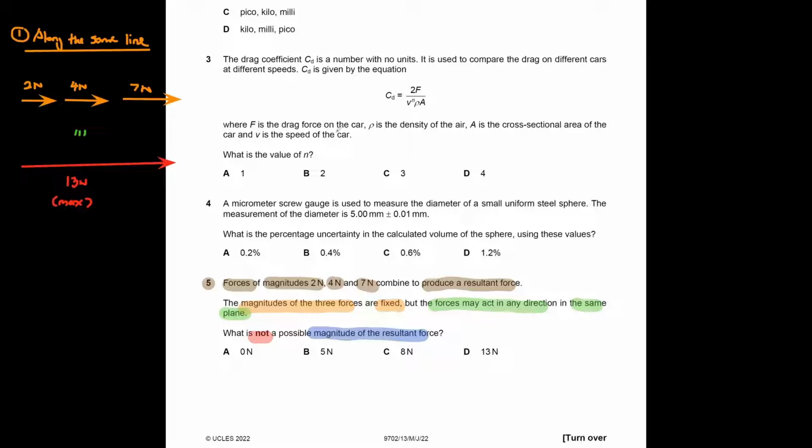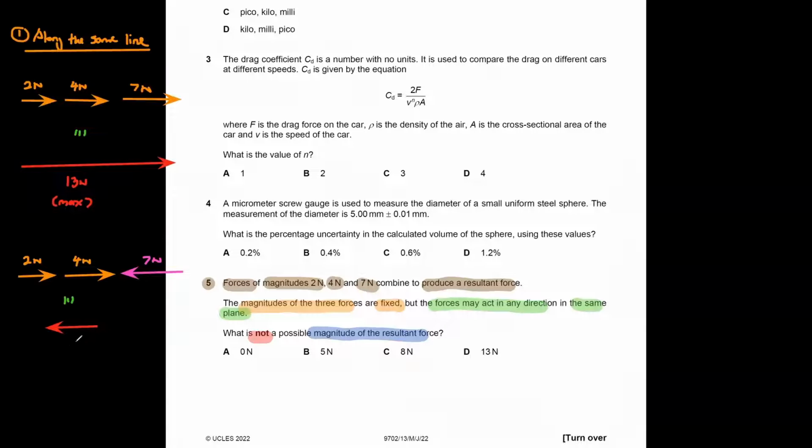And then if you consider one of the forces acting in the opposite direction, say you have the 2 Newton force and 4 Newton force acting towards the right, but your 7 Newton force acts in the opposite direction towards the left, your resultant is going to be 1 Newton acting towards the left.